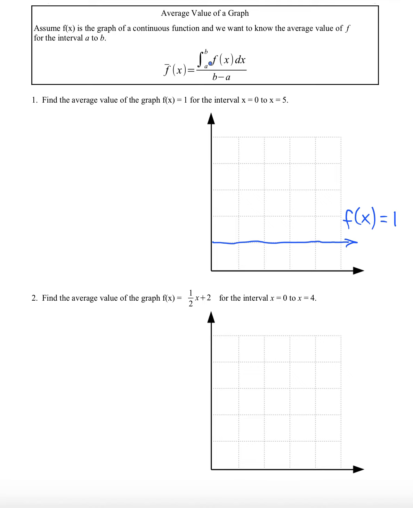And we want this formula here to give us that result. So let's go ahead and mark off the boundaries. We're going from an a of 0 to a b of 5.